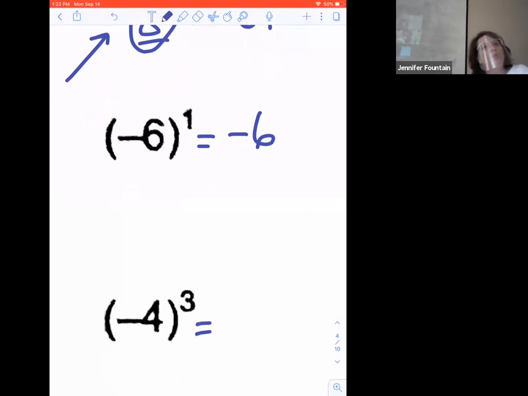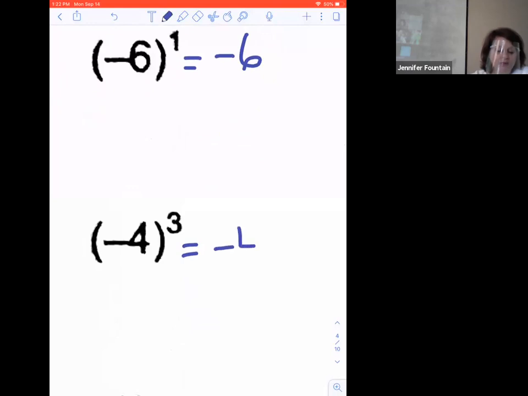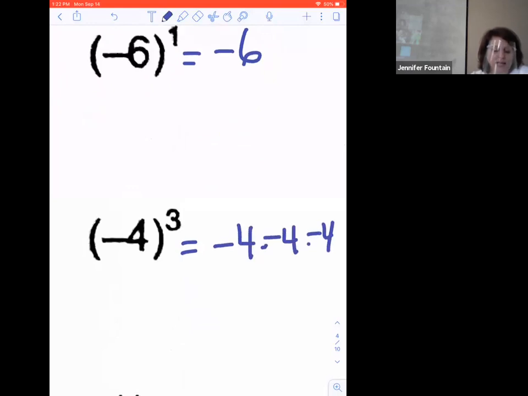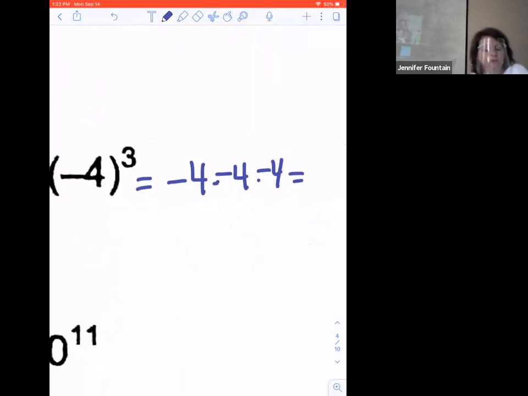Look at (-4) to the third power. This means I have -4 times -4 times -4. How many negatives do I have here? I have 3 negatives. And what did we learn about multiplying with positives and negatives? When I have an odd number of negatives, what kind of answer am I going to have? I'm going to have a negative answer, because a negative times a negative will give me a positive.